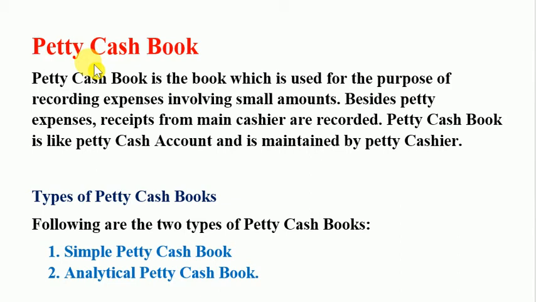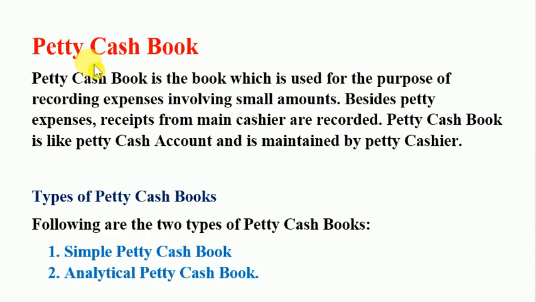In every business, of whatever size, a large number of small payments such as for postage, stationery, bus fare, taxi fare, cartage, etc. have to be made. These payments are generally repetitive in nature.